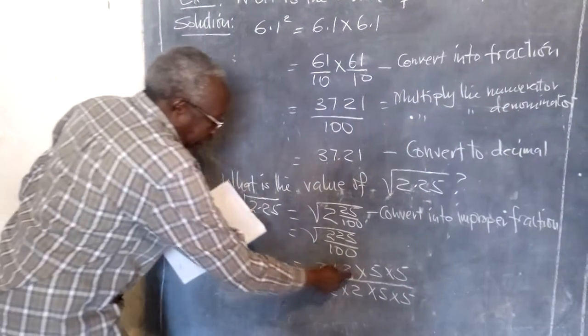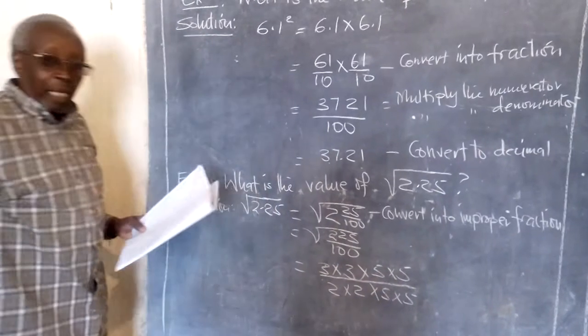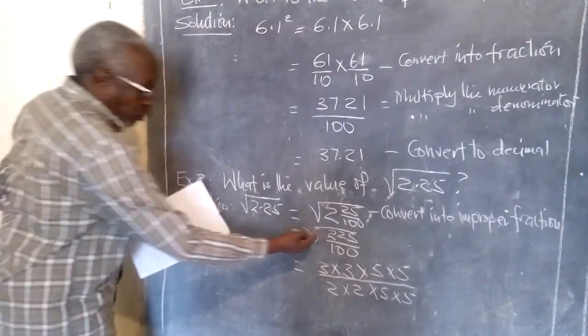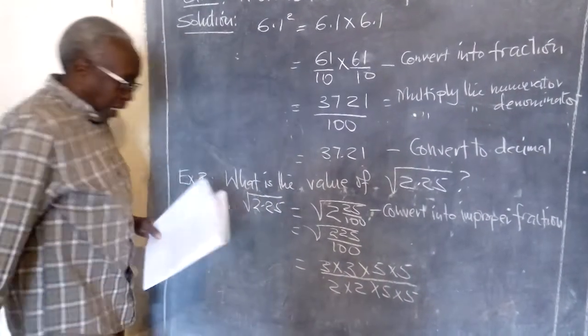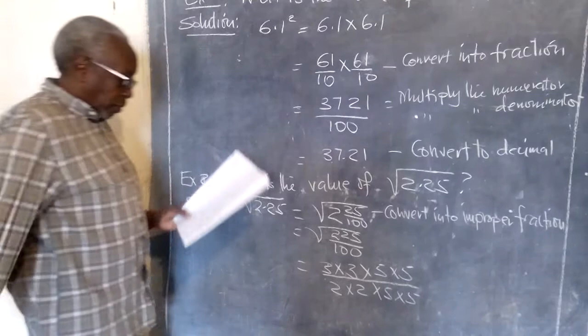Now, 3 times 3 times 5 times 5, those are the prime factorization of 225, and 2 times 2 times 5 times 5 are the prime factorization of 100.